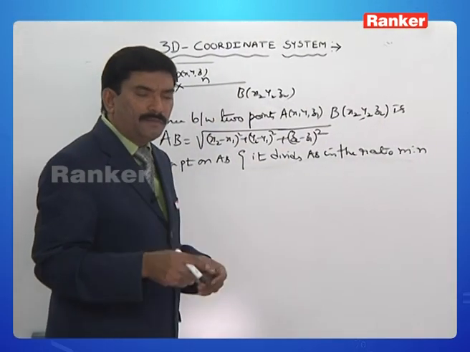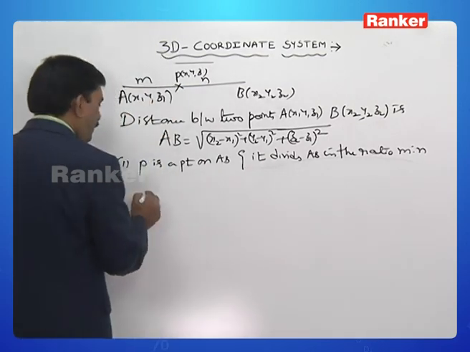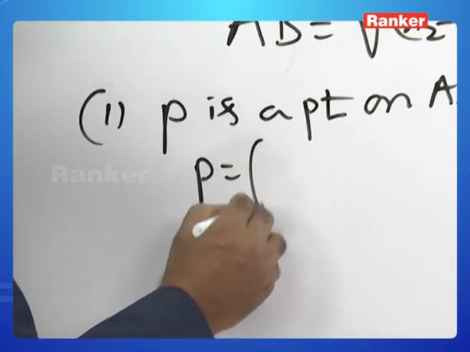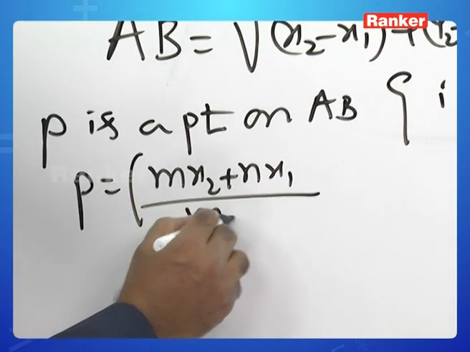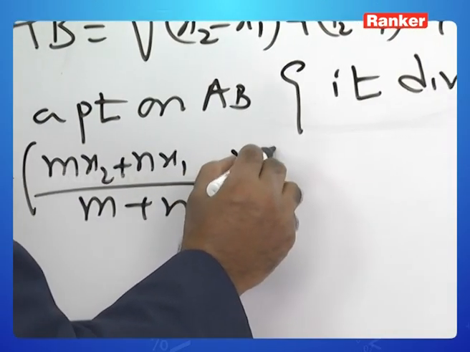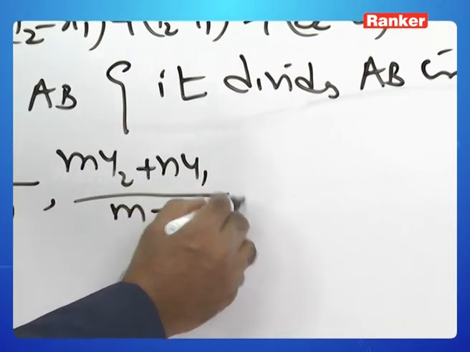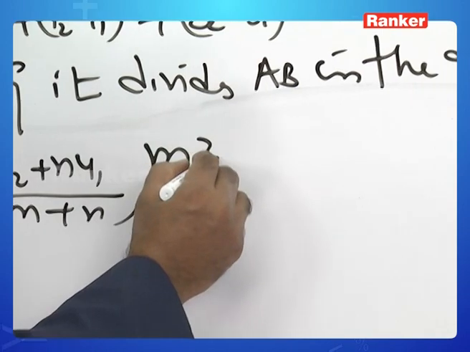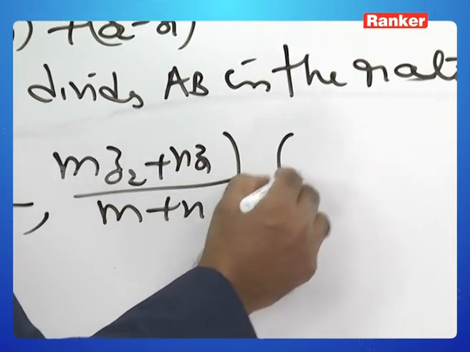Is it internally? Maybe externally. Yes, now P is equal to (mx2 plus nx1) by (m plus n), next (my2 plus ny1) by (m plus n), (mz2 plus nz1) by (m plus n).